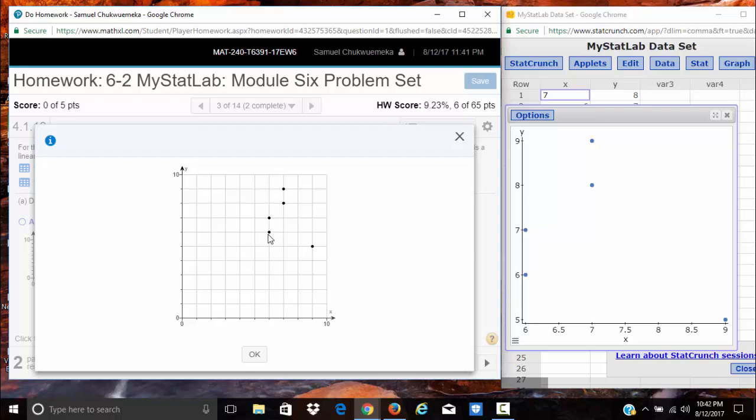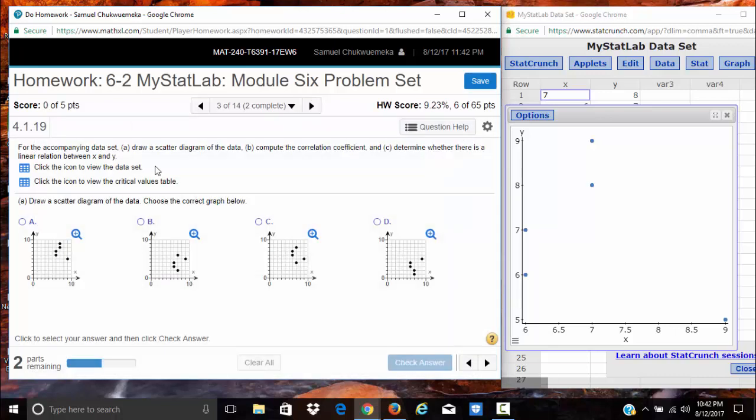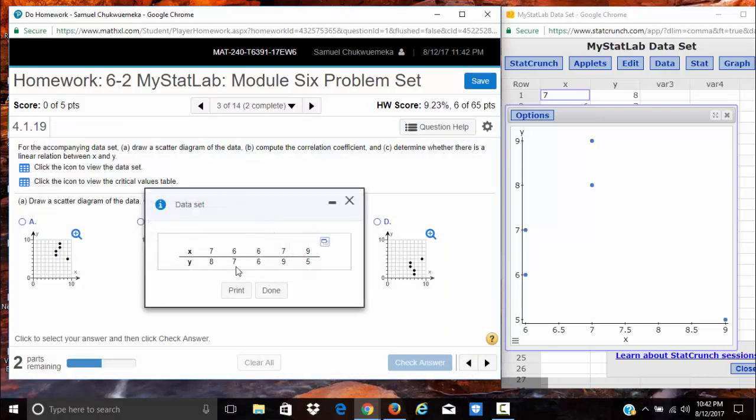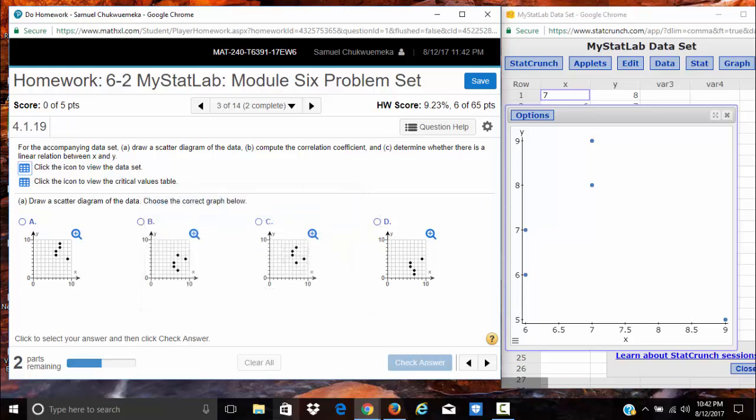Like this is 6 and 6. This one is 6 and 7. When X is 6, Y is 7. And if you look at the graph, you see when X is 6, Y is 7, and that will be this point. But to save time, these videos just use technology right away.